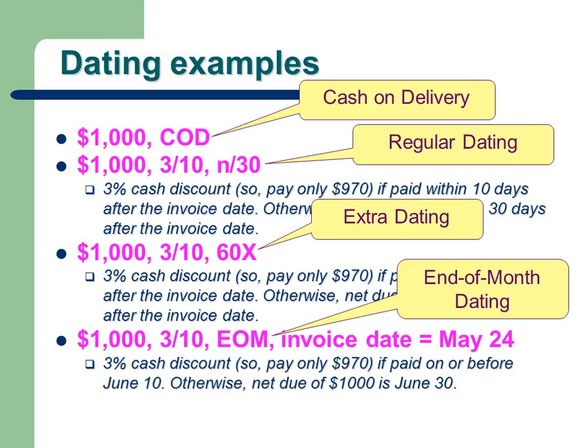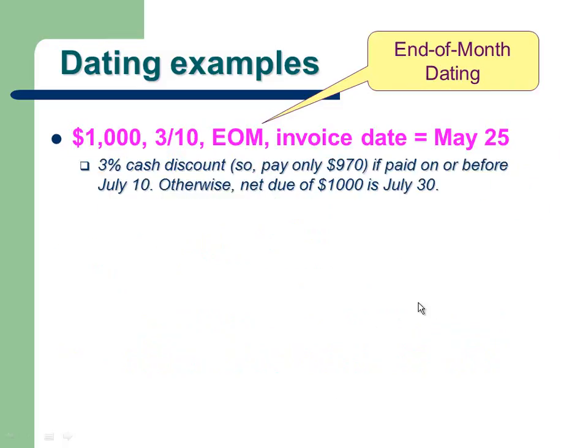What if the same EOM term was carried, however, the invoice date was May 25th? In the previous example, it was May 24th. Now the invoice date is May 25th. Just 1 day difference, right?